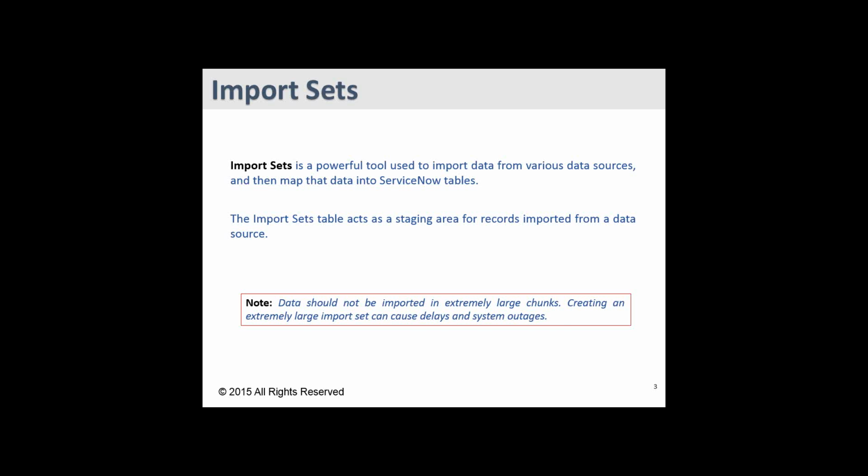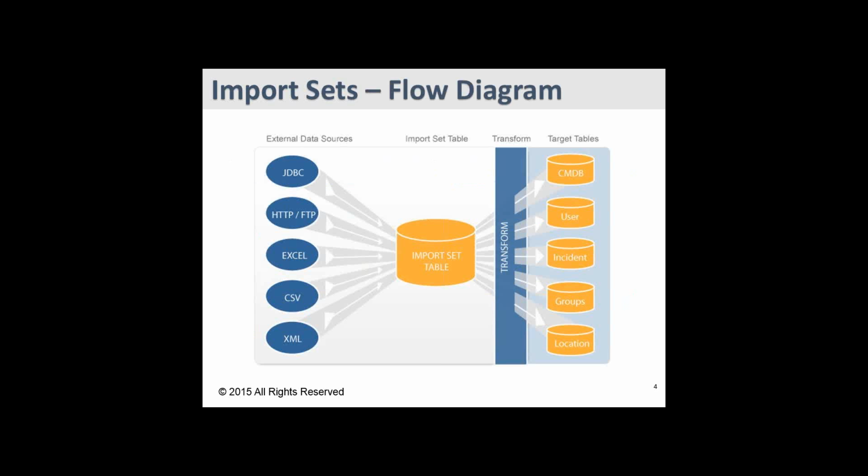So here the data sources, going forward. Here are the external data sources. External data sources means, as per best practice, 90% of data we will move into ServiceNow tables using CSV or Excel format.